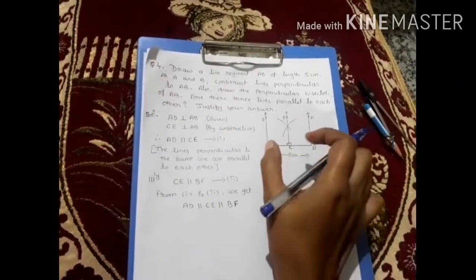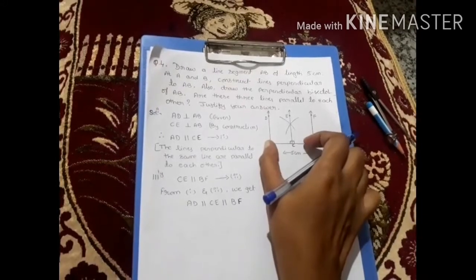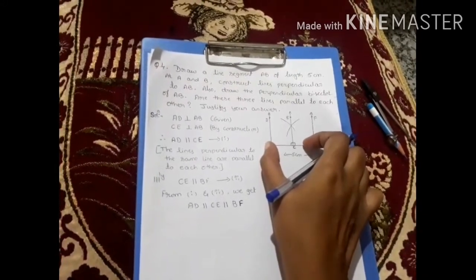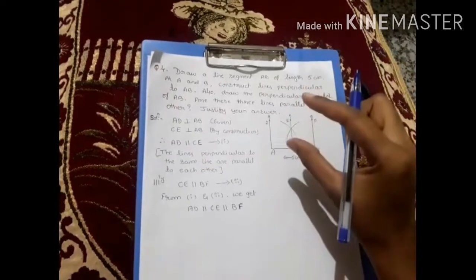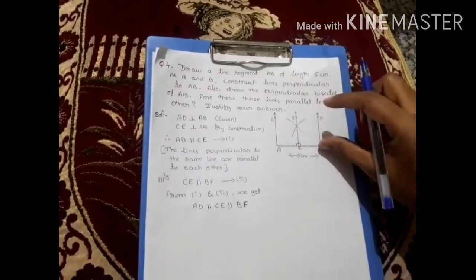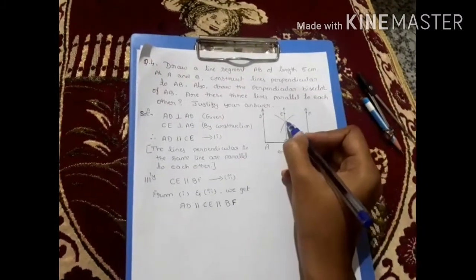Just take more than half from the AB line. From the compass, take more than half on the AB line. From point A, cut one arc without changing the measurement. From point B, cut one more arc where these two arcs meet at a point.